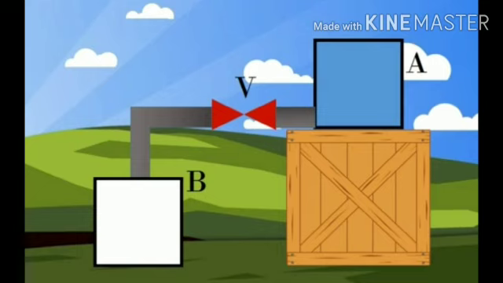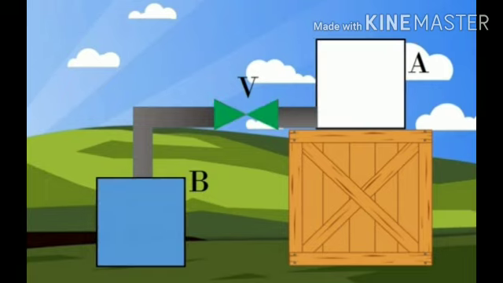Let us do an experiment. Dear students, here we have two tanks, A and B. Tank A is filled with water and tank B is empty. They are connected through a valve which is closed right now. What will happen if I open the valve? Now I open the valve.